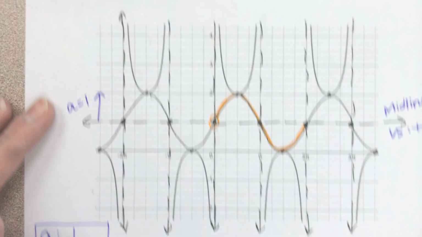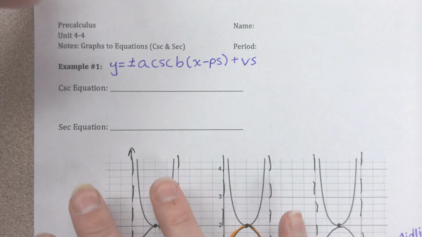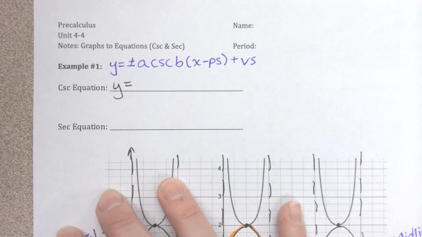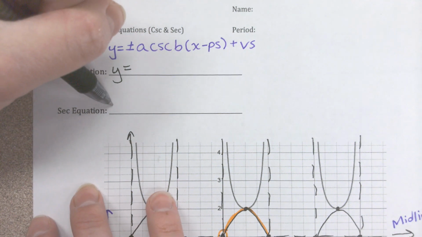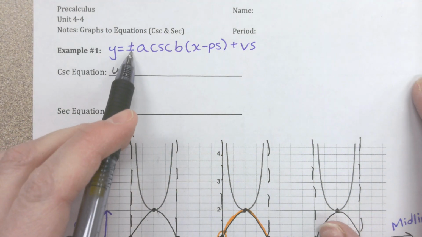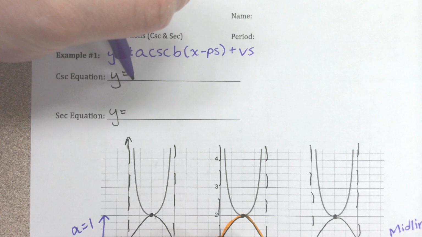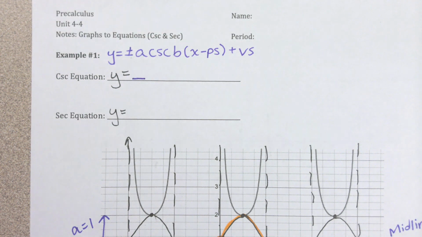Now let's start building the equations, and I'll build them both at the same time. So cosecant equation, the plus or minus is still up for debate. So we're going to underline that there. Something needs to go there.